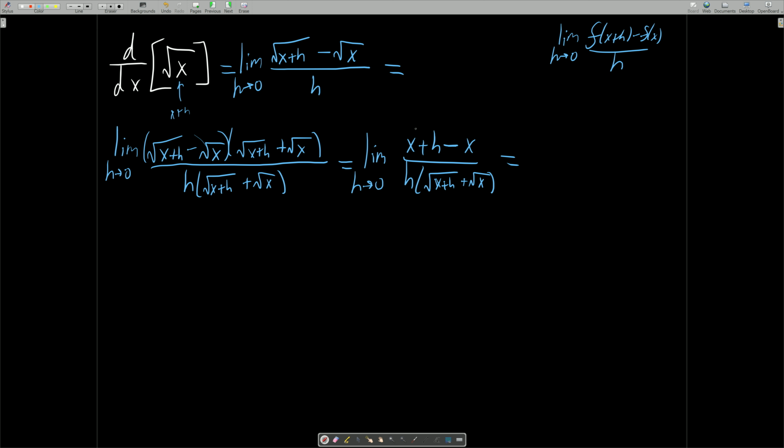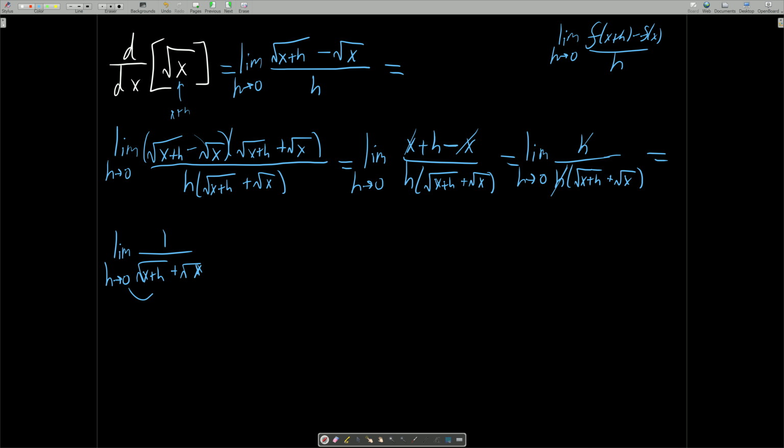You have an x and a negative x, those are going to cancel out. So h over h times square root of x plus h plus square root of x. Now the h in the numerator and the denominator are going to cancel out. You get 1 over square root of x plus h plus square root of x.